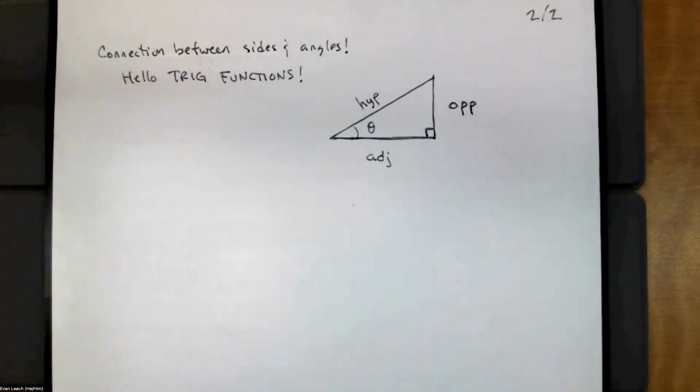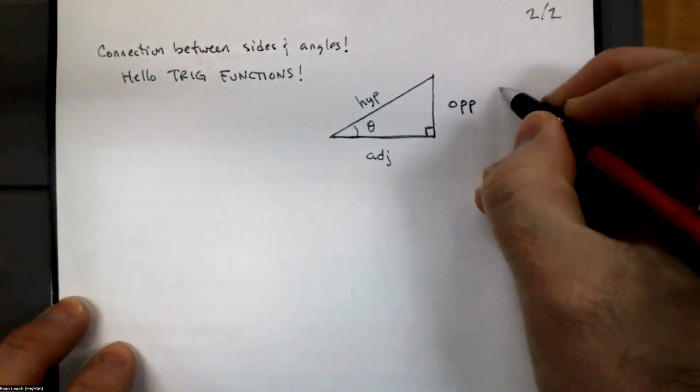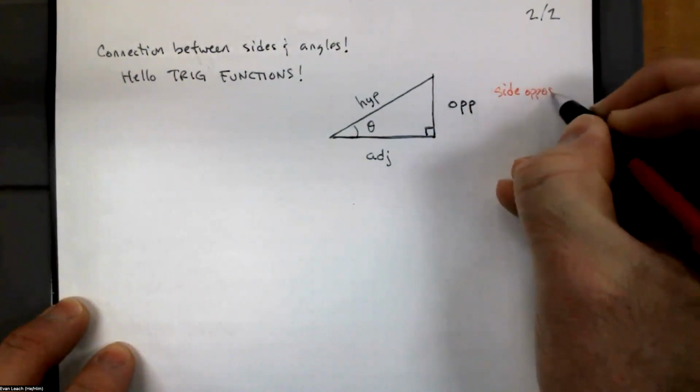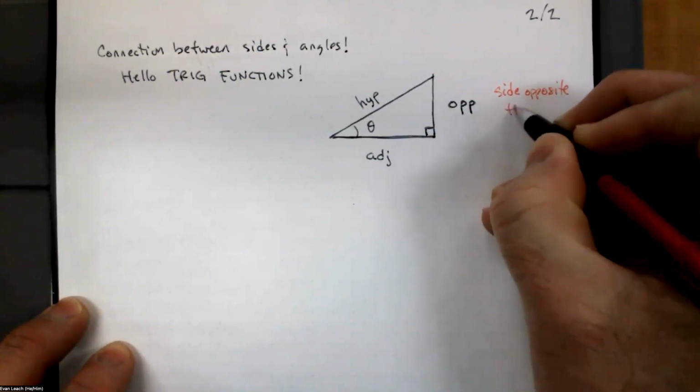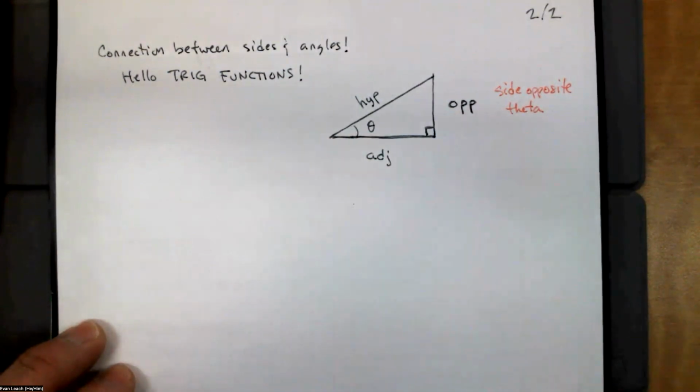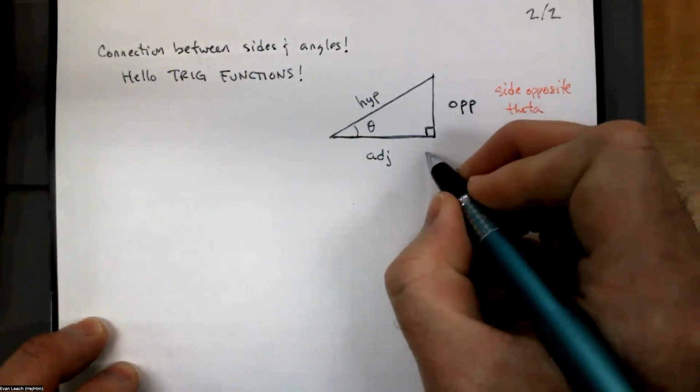When we talk about opposite, it has to be opposite in reference to some angle, but we're not going to say that part. So op is going to be the side opposite theta, and adj is going to be the side adjacent to theta.